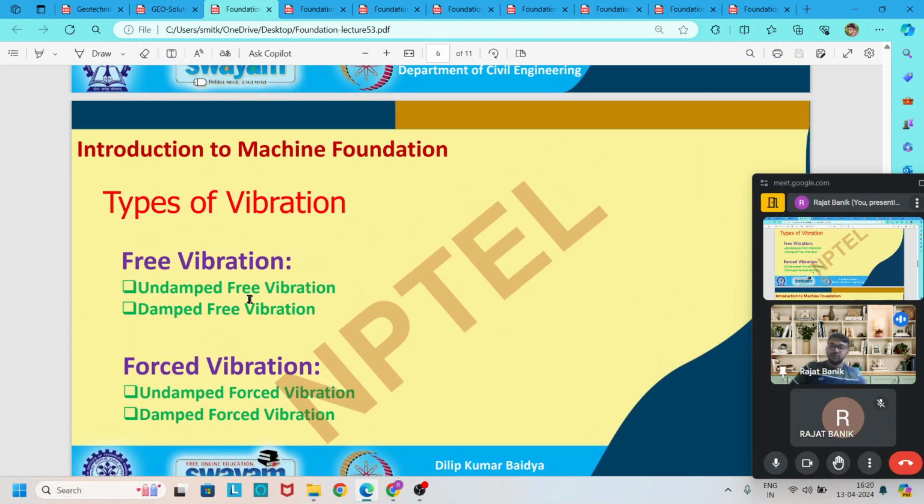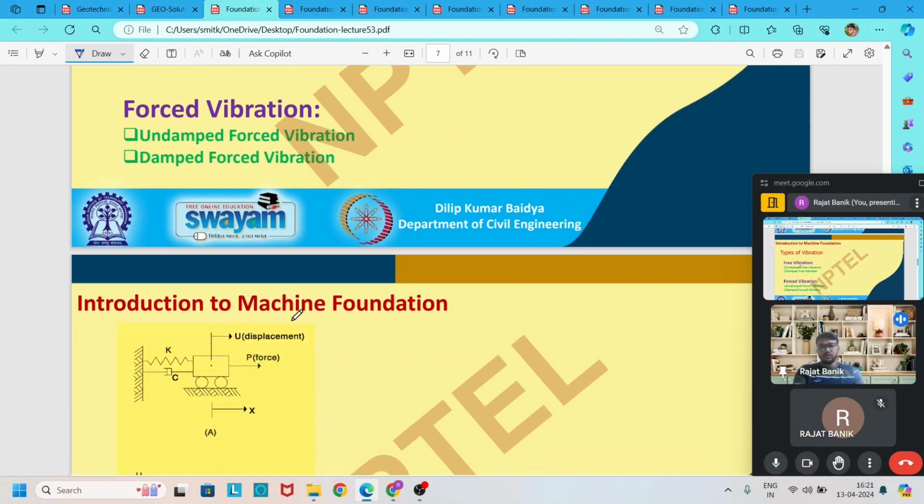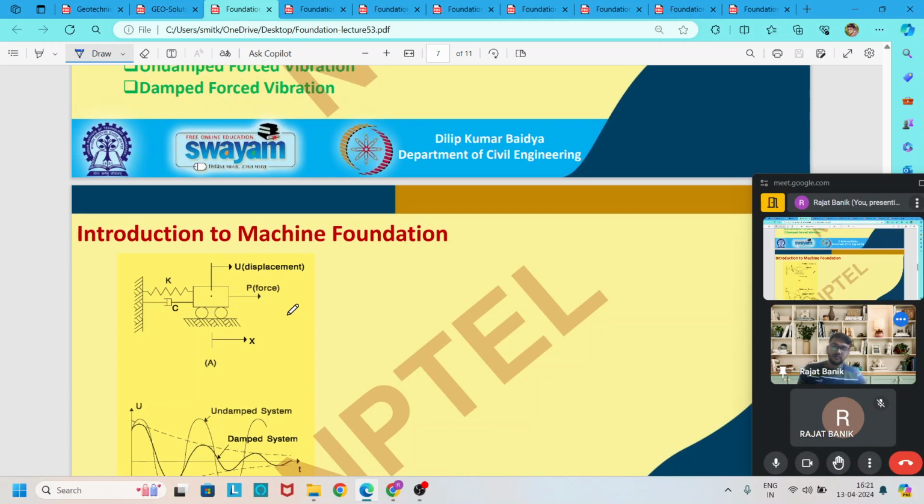So for these different types of vibration, we produce different mathematical equations. And this vibration system is mostly idealized as a mass-spring-damper system.